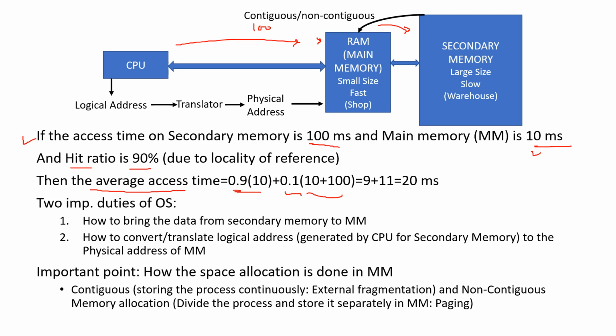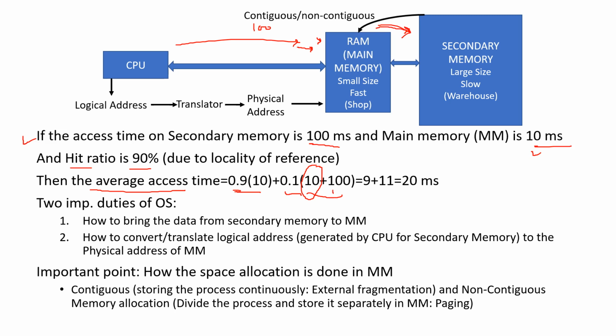But for those 10 processes, the CPU will first go through the RAM, and then it will come to know that no match is found. So that time is wasted. So this 10 milliseconds is from main memory, and after that the CPU will come to know there is no match found, so the CPU has to go to the secondary memory.